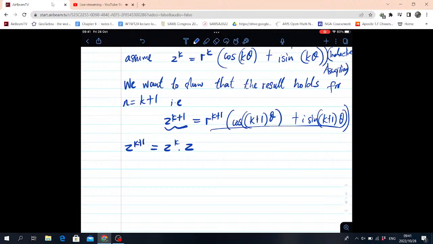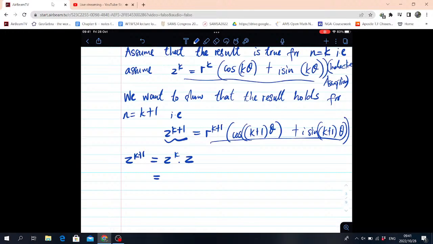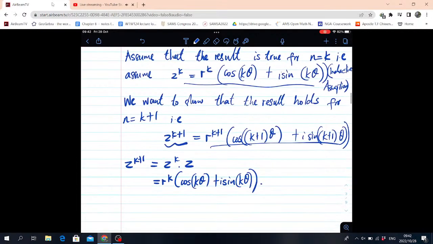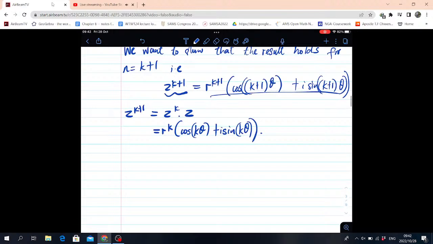And then from here, what is z to the k? Z to the k, from our inductive assumption, we can say this is going to be equal to r to the k times cos k theta plus i sine k theta, right, times z, and z is equal to r cos theta plus i sine theta, right, like that.